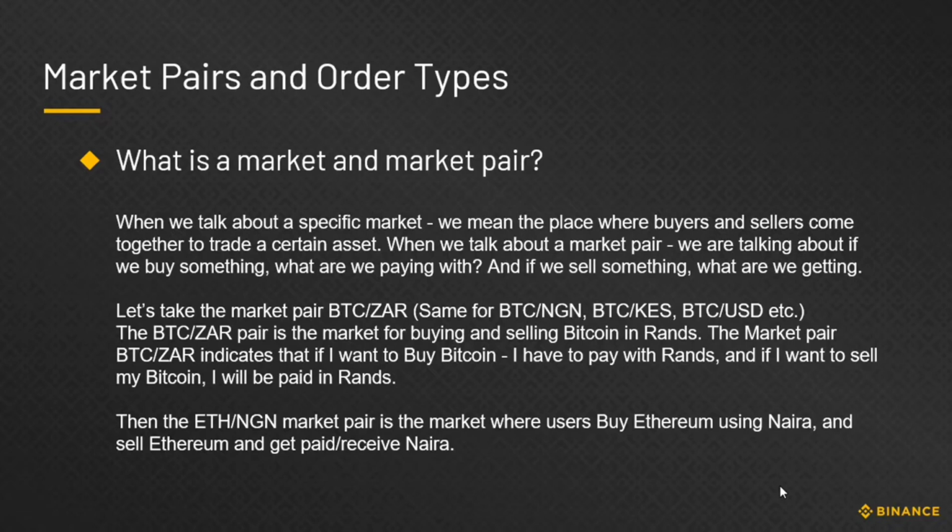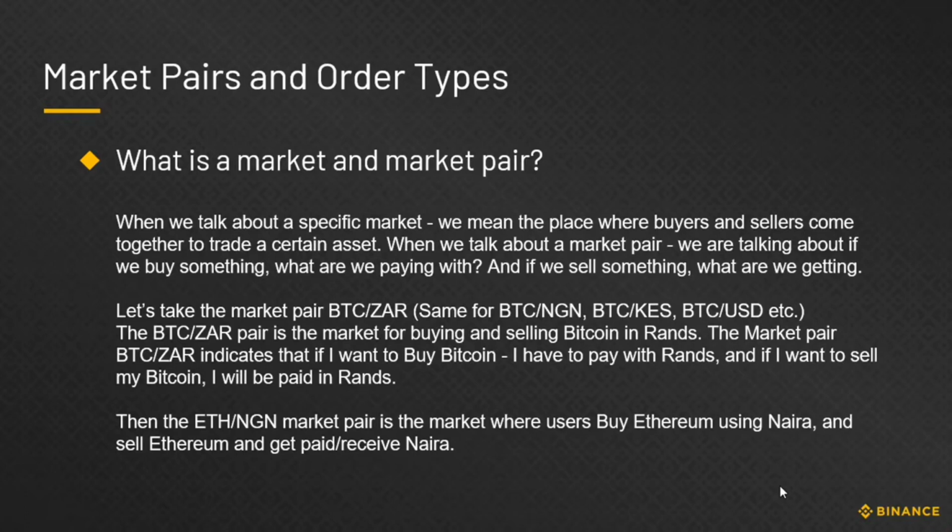When we talk about a market pair, we are talking about, if you want to buy something, what are you paying for that thing with? And if you want to sell something, what should you be getting in return? That's basically what we mean by a market pair.